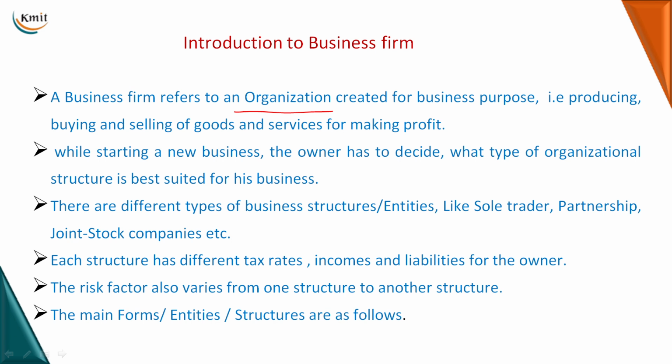The risk factor also varies from one structure to another, and it also influences how a business operates on a day-to-day basis. So each structure has different tax rates, incomes and liabilities for the owner, in a nutshell. And the main forms of business entity structures are as follows.